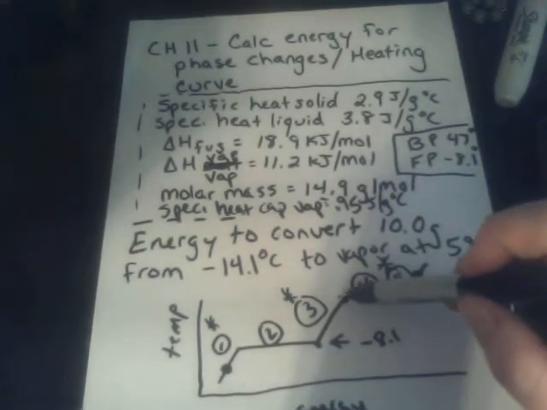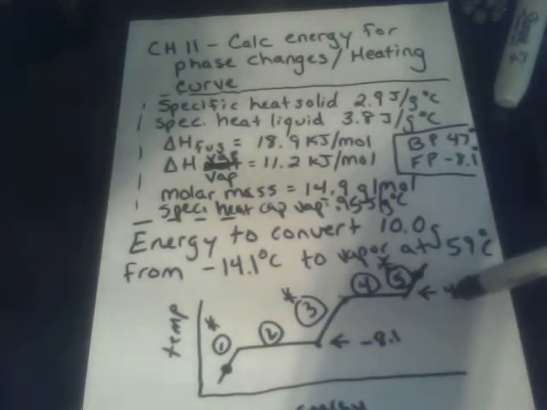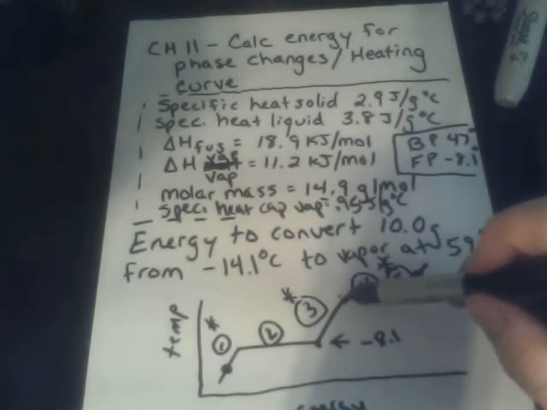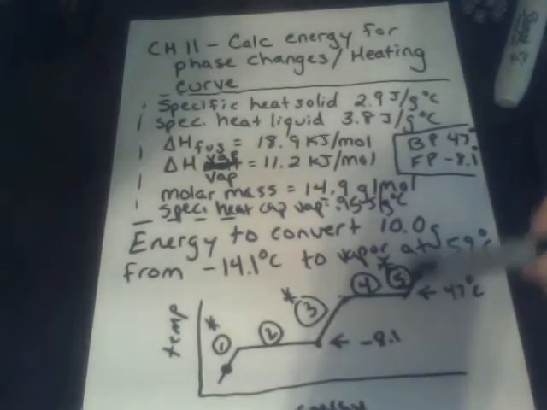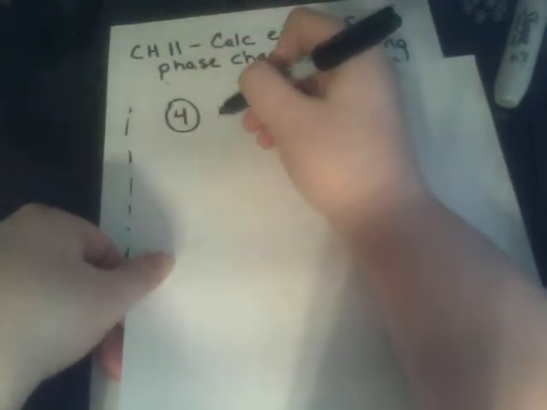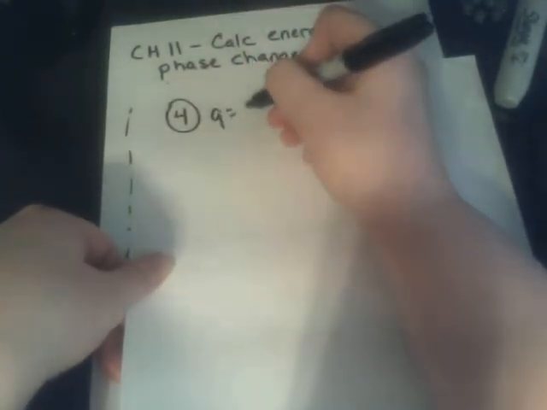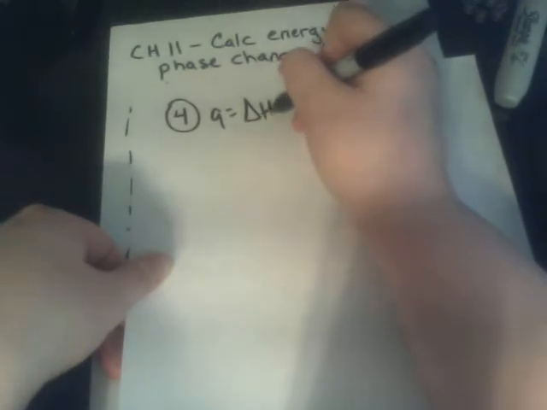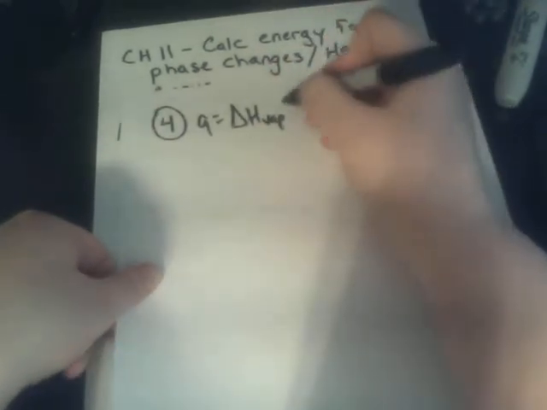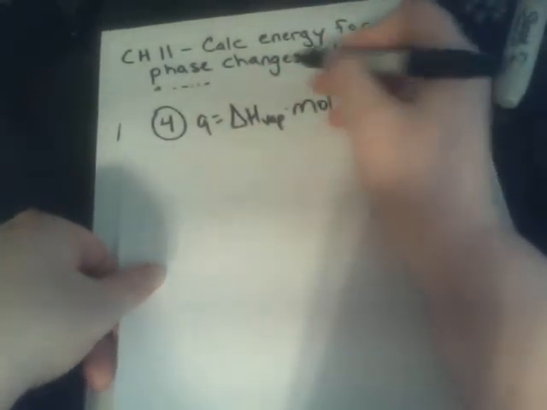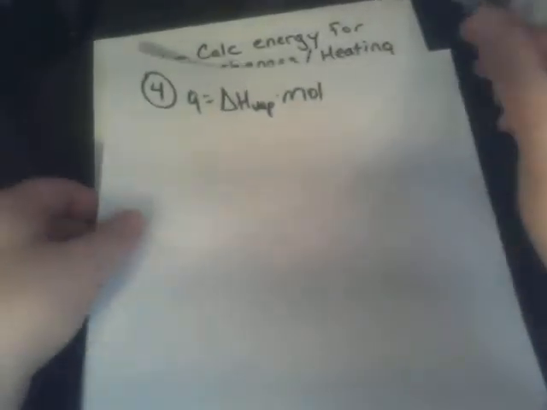I need to convert all of that 47 degree liquid into 47 degree vapor. So for number 4, we use the equation: heat is the enthalpy of, now it's vaporization, times the moles. We know moles because we did it for another problem, which was 0.671.